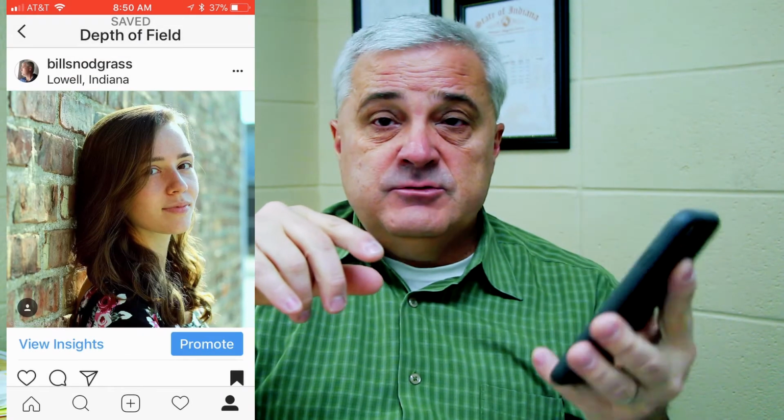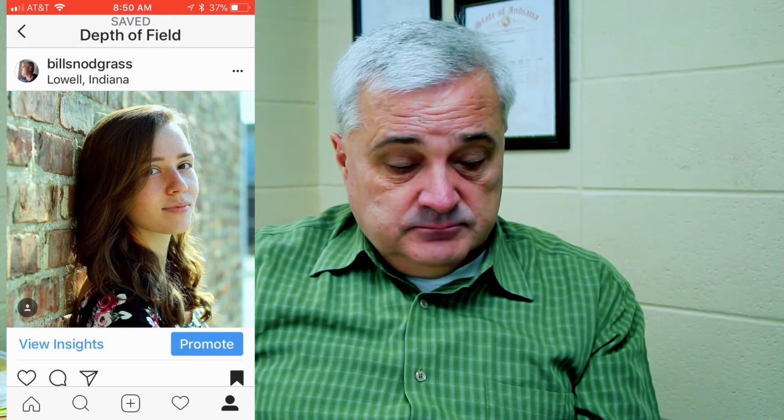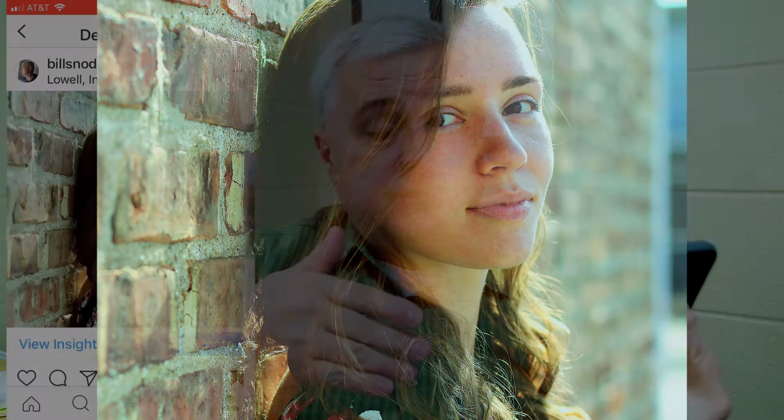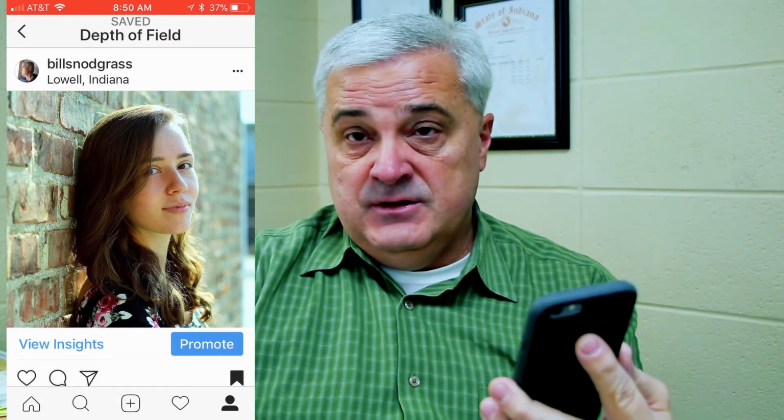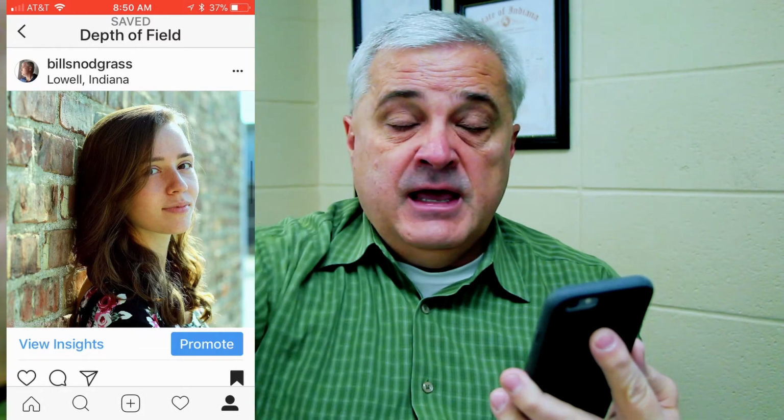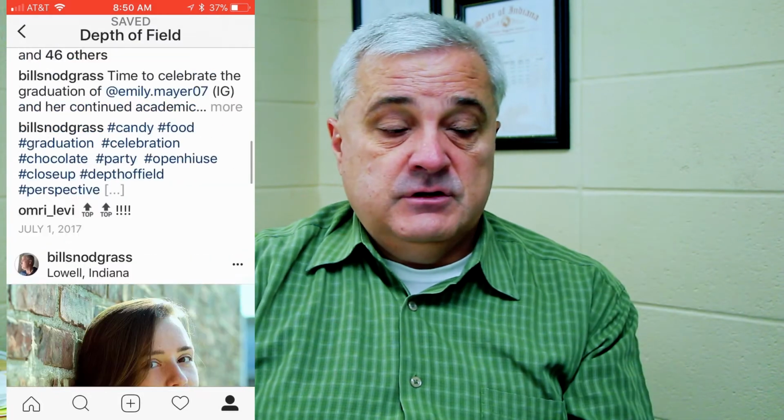Likewise, in this image where we have the young lady, some of the bricks are in focus in front of her. The focus is on her and her face. Beyond her, things begin to fall out of focus. So the depth of field was sufficient to pick up a little bit in front of the subject and up to the subject and probably a little bit behind the subject. And then beyond that, it was all out of focus, and you can see that.